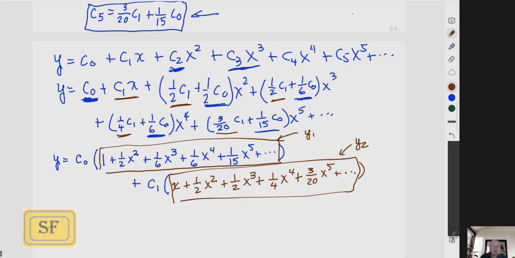Notice they are linearly independent because our y1 contains a constant term, and there's no constant term in y2. y2 contains an x term, and there's no x term in y1. That makes them linearly independent. You could also use the Wronskian to show that they're linearly independent. Anyway, this is problem number 4. And we'll see you with problem number 5. Bye-bye.